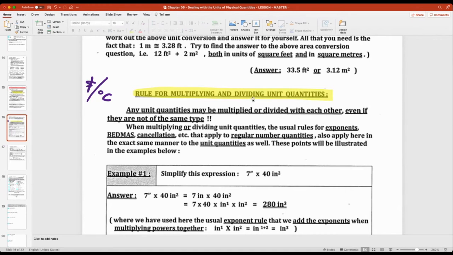So for example, I just wrote something on the side here. Dollars per degree Celsius. That's not a very common unit to have, but it is possible. Can you think of a scenario where you might have dollars per degree Celsius? This is really up to creativity, right?